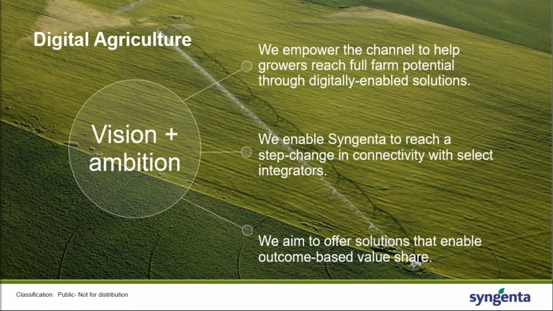Within our digital ag solutions team, what we're really focused on, from our vision and ambition as you can see on the screen here, is working to empower the channel, our retailers, those consultants and others that are working with growers, to help growers reach full farm potential through our digitally enabled solutions. We do that through a variety of ways. One way in which we're aiming to become better and better is through connectivity with integrators.